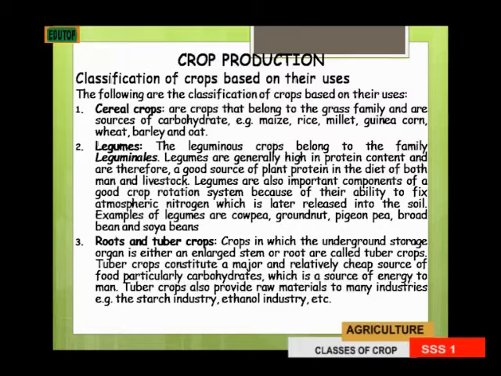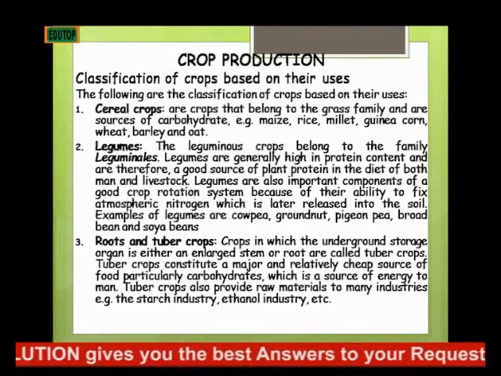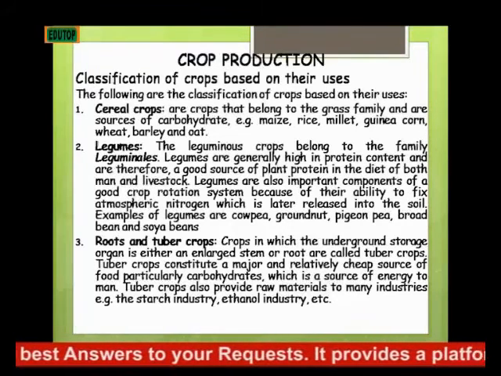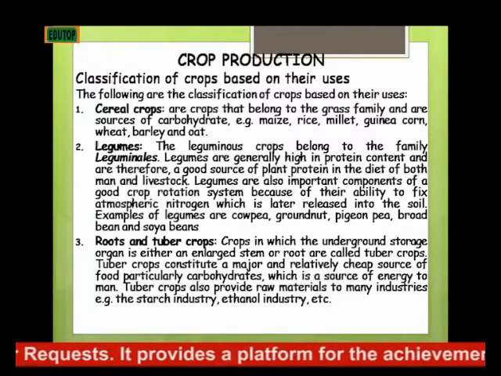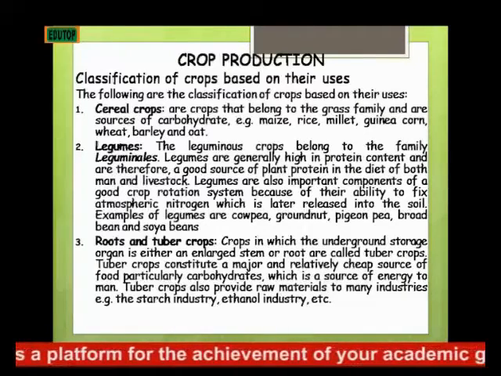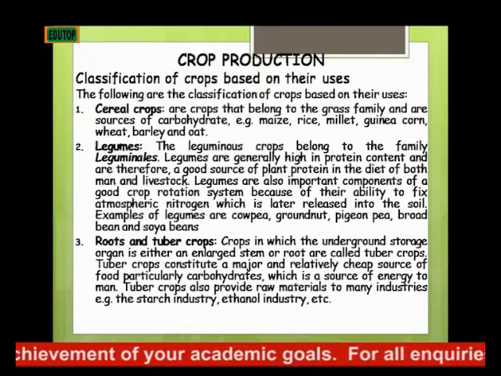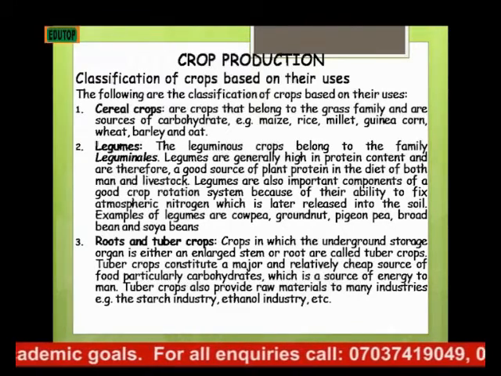Then the third classification based on uses is the root and tuber crops. These are crops in which the underground storage organ is either an enlarged stem or roots and are called tuber crops. Tuber crops constitute a major and relatively cheap source of food, particularly carbohydrates, which are a source of energy to man.